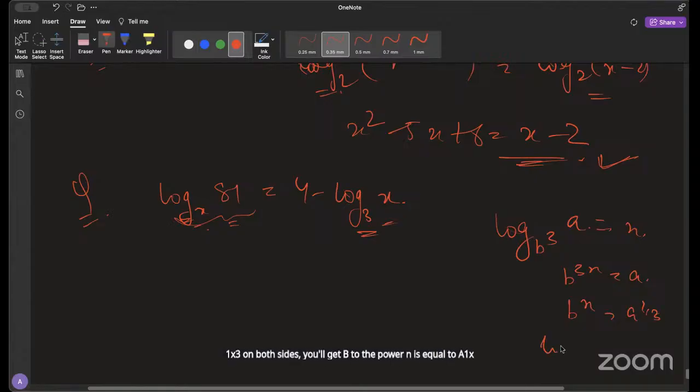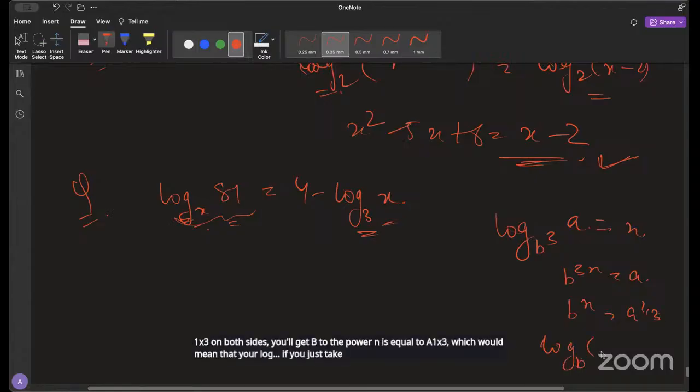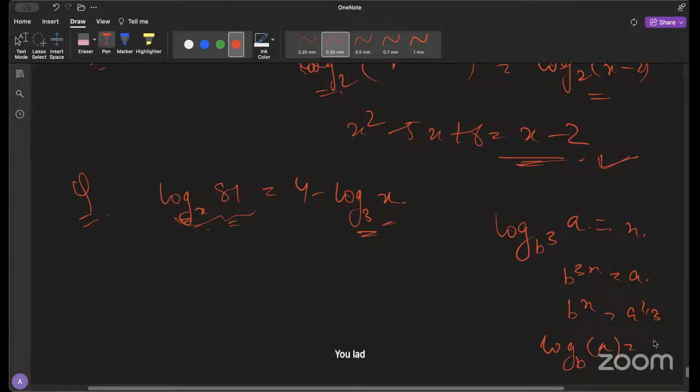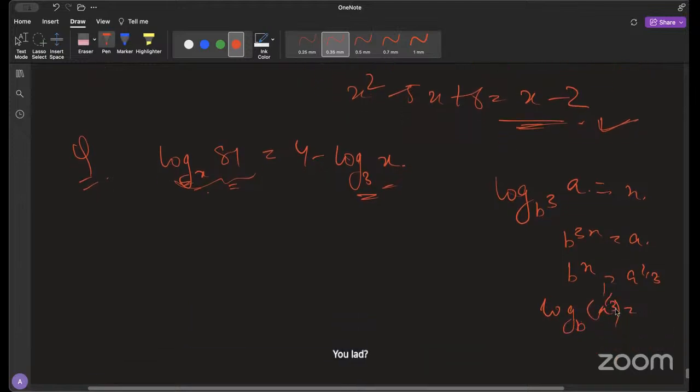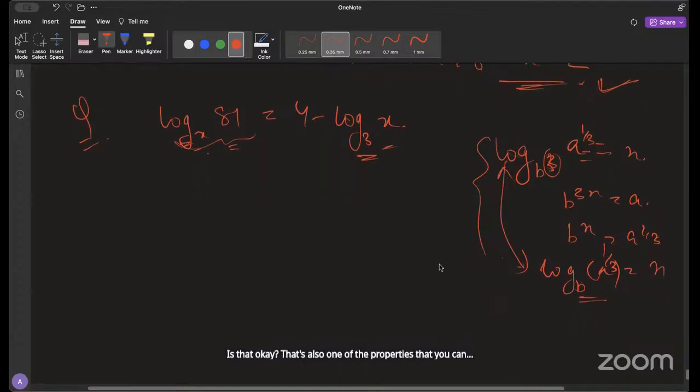It would mean that your log base b of a to the 1 by 3 is the same. So these two things are same. All I'm trying to say is you can take the 3 and remove it from here and take it here as 1 by 3. Is that okay? That's also one of the properties.